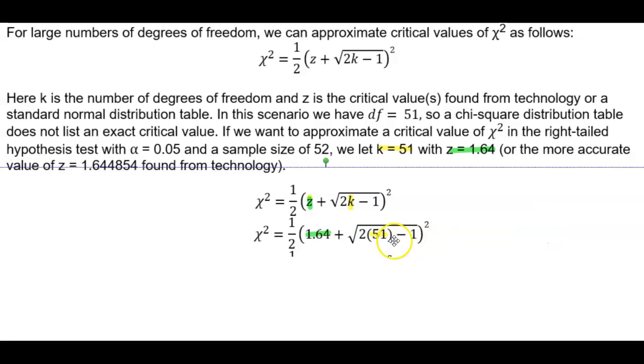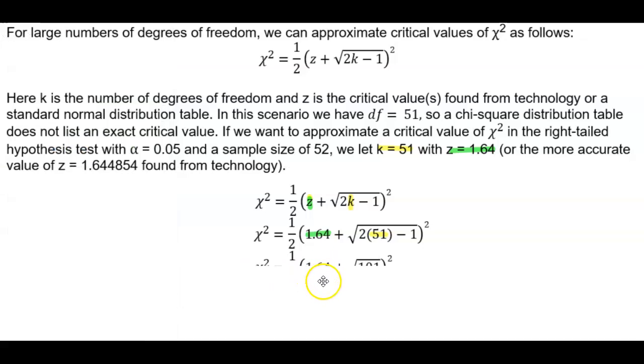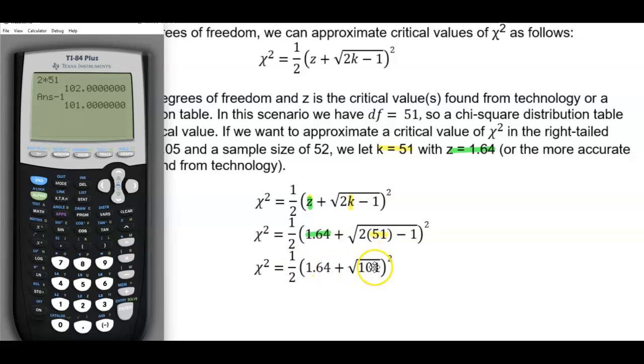Now we're going to evaluate this expression. The first thing we're going to do is take 2 and multiply that by 51. 2 times 51 is 102, and then we subtract the 1, and we get 101. Now we want to take the square root of 101.